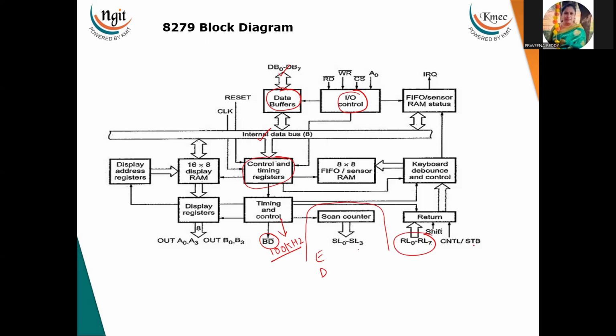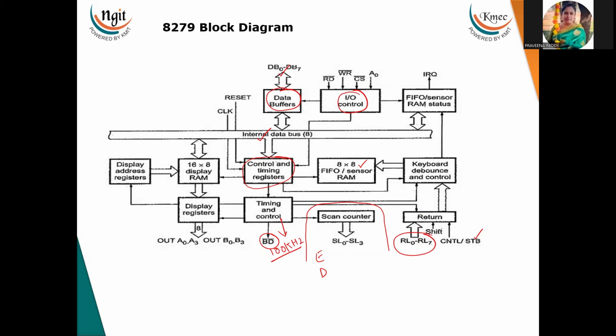Now in strobed control, whatever data is available on these lines is directly stored in the FIFO RAM.